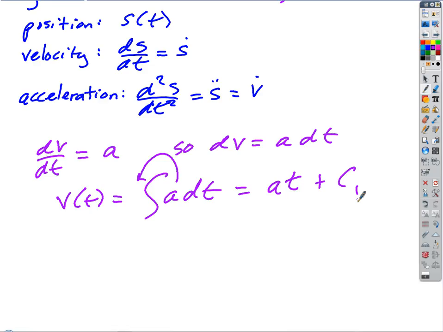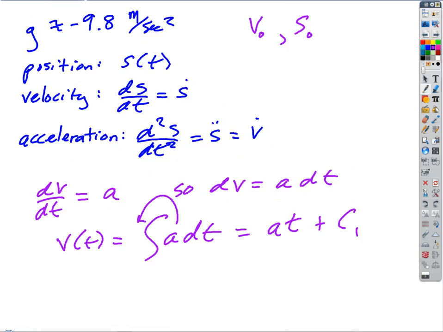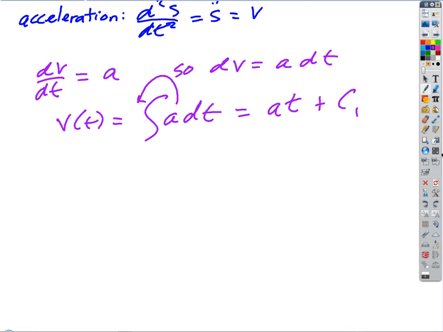Oh, but that's kind of a bummer. We got a constant there. Okay, but you told me up here just a second ago that v naught appeared in your kinematics equations, and that was meaningful. It represented the initial velocity, right? So why don't we evaluate our answer at 0? Okay.